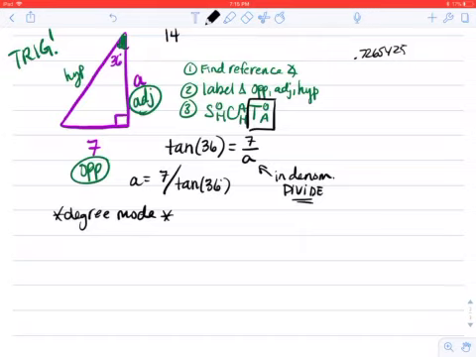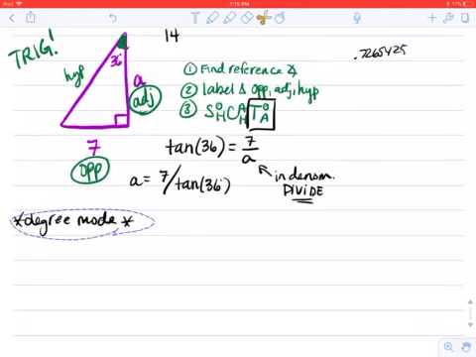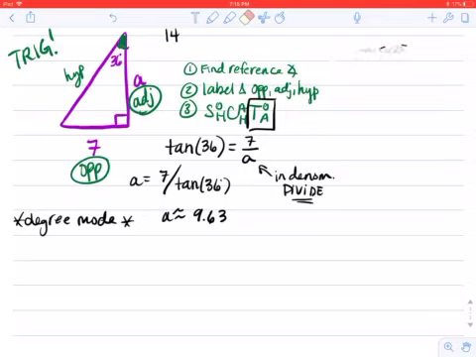Okay, so you should get something like... the apothem should be approximately 9.63.